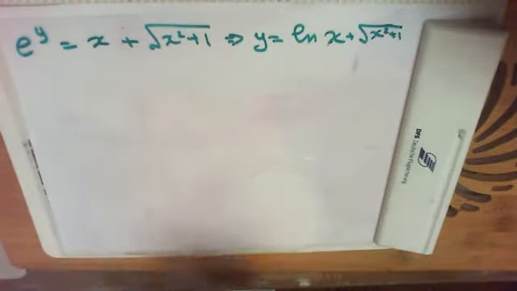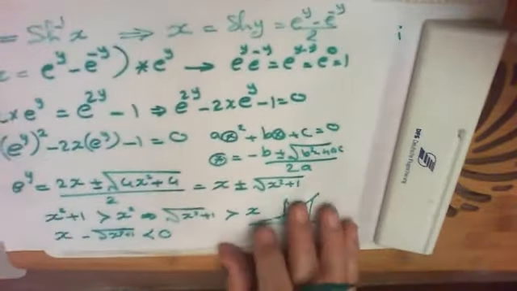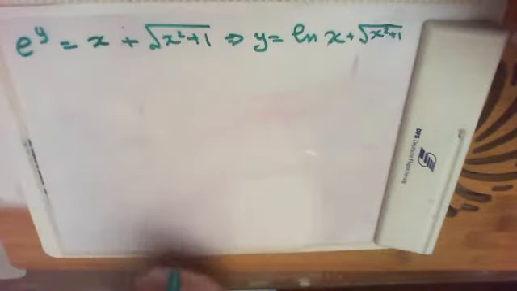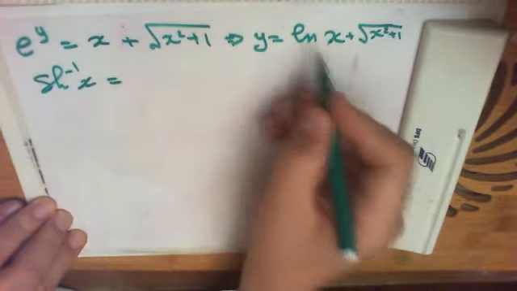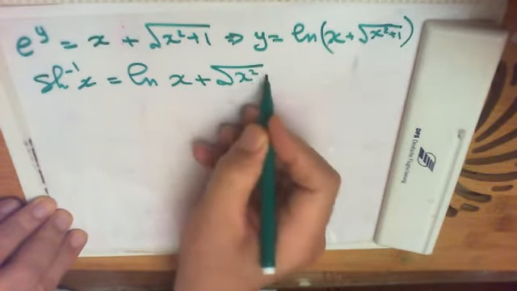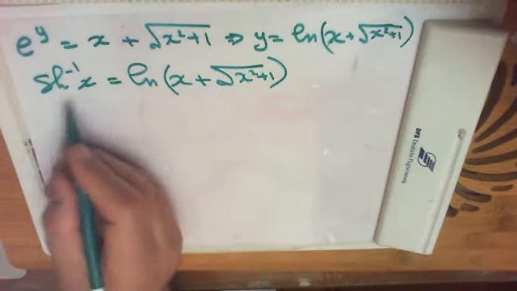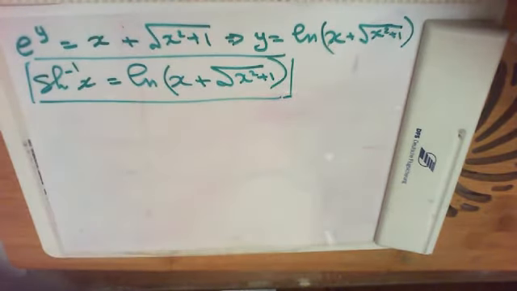But y, as you see, is sinh minus 1 x. So sinh minus 1 x equals ln of x plus root of x squared plus 1. That's what we call the logarithmic function form of the inverse hyperbolic function sinh minus 1. This is what we are looking for. Okay?